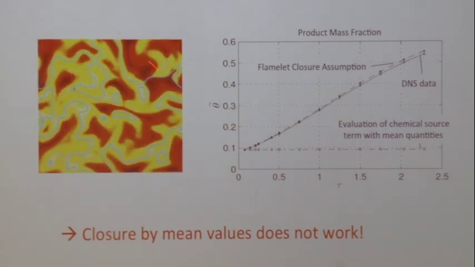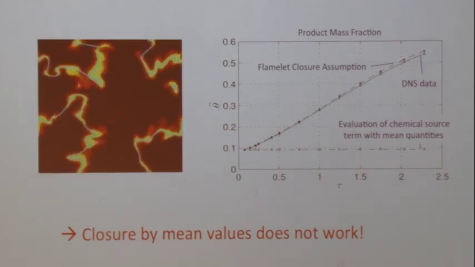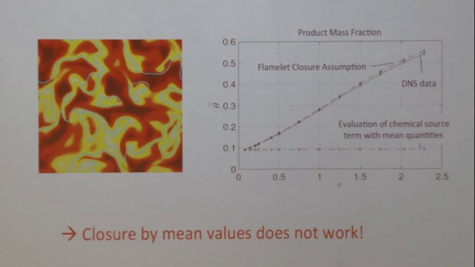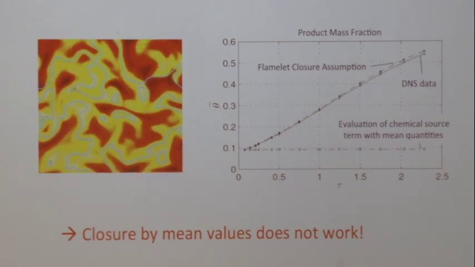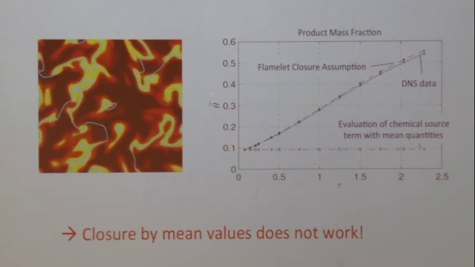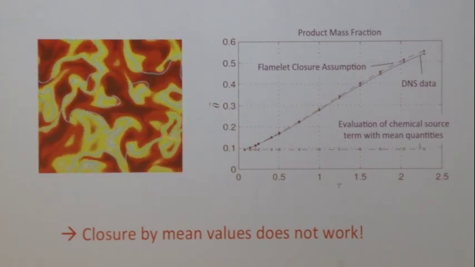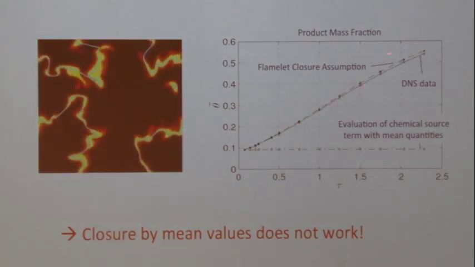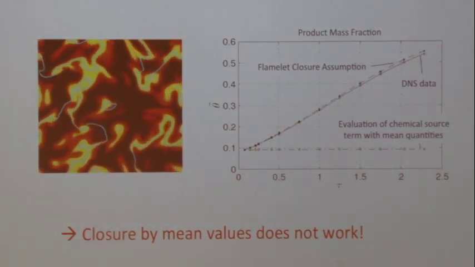And so if I evaluate the mean temperature averaged over this whole thing, then as a function of time, it goes up, okay? Because you burn more and more stuff in this box. So this is the temperature averaged over this whole box as a function of time, and you see the black symbols, that's the result of the DNS, it goes up.